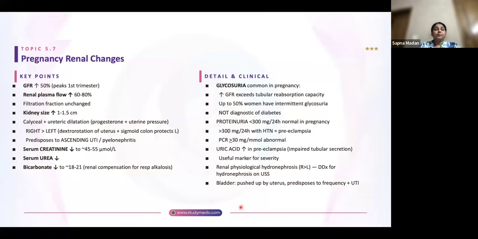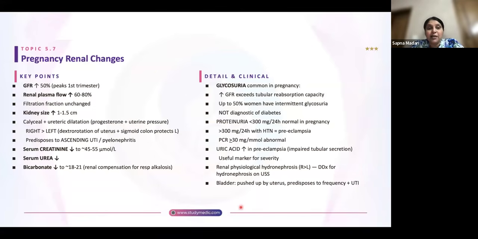Okay. So what are the changes which are happening in the kidneys in pregnancy? The GFR is increasing by 50%, and it is peaking in the first trimester. The renal plasma flow is increasing by 60 to 80%. The filtration fraction remains unchanged. Kidney size is also increasing by 1 to 1.5 centimeters.